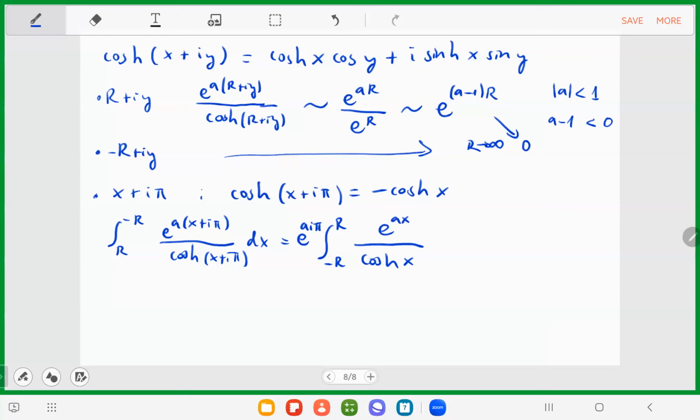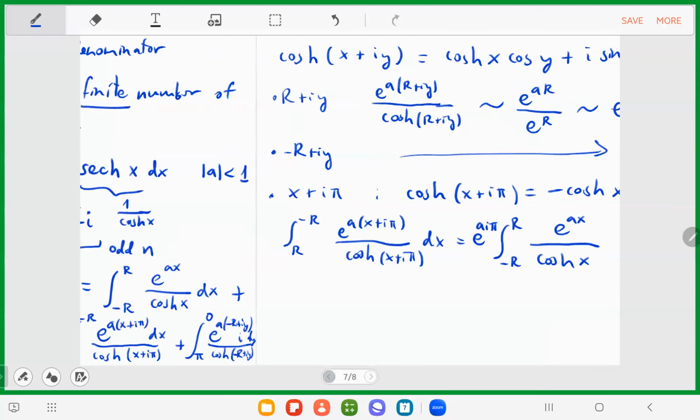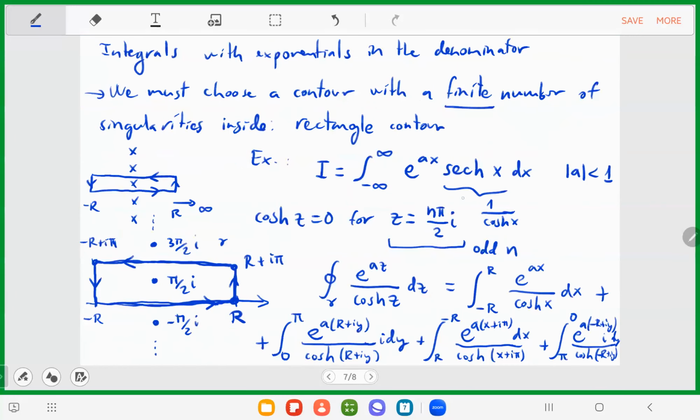Why am I doing all of this? Well, because notice that when r goes to infinity, this integral just converges to this constant, the exponential of iaπ, times the integral that we started with, okay? The exponential of ax divided by hyperbolic cosine of x.